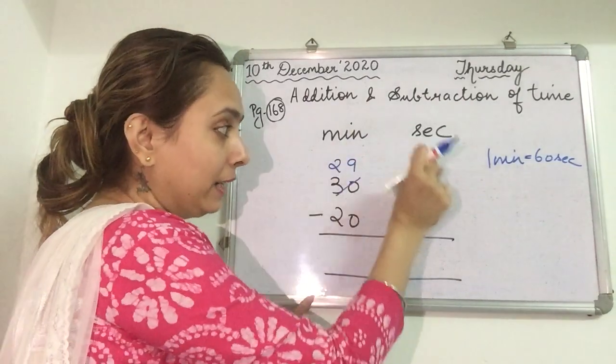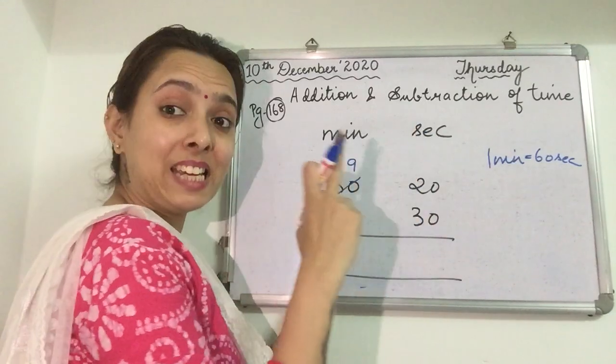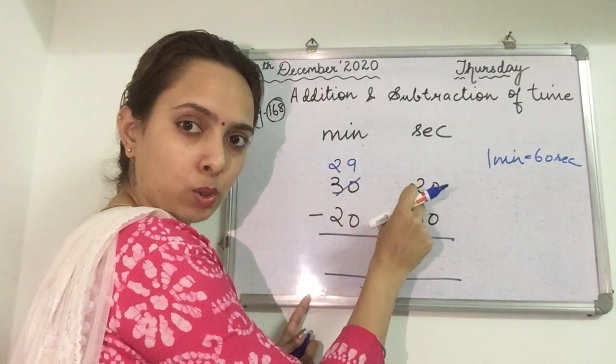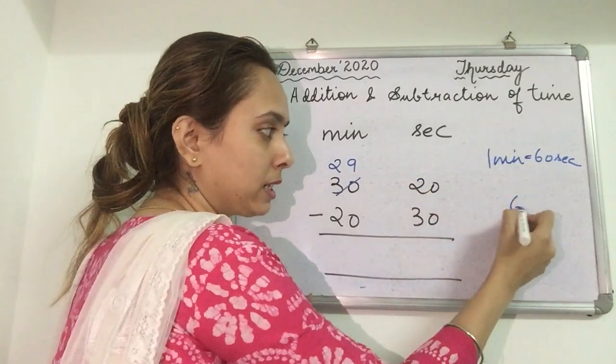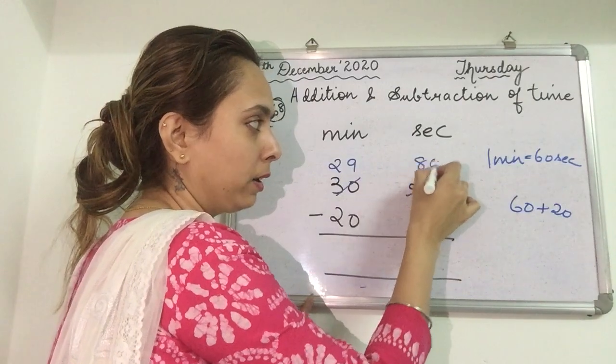And here it will become 60 seconds. That 60 seconds will be added to this 20. 60 plus 20 will become 80.